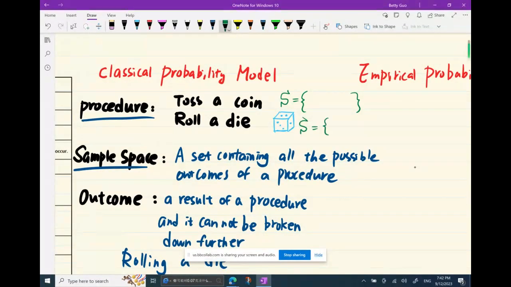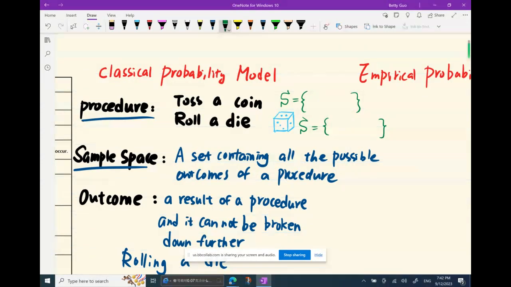Let's see what is the sample space of the procedure that toss a coin, and what is the sample space of the procedure that we roll a die. It's a set containing all the possible outcomes. So if we toss a coin, what are all the possible outcomes?